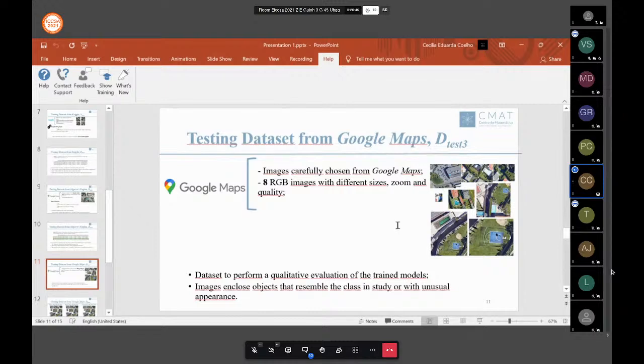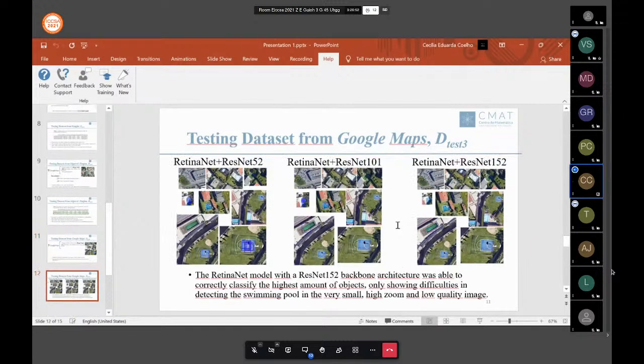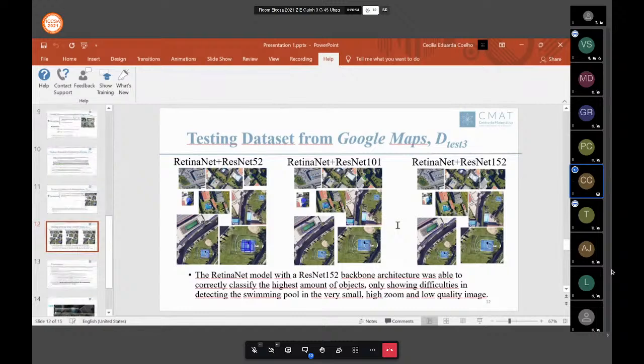So this testing dataset was given to the models, and the predictions of the models can be seen by the blue bounding boxes that were drawn by each of the models. From these predictions, we can see that the model with a ResNet 50 and the model with a ResNet 101 have difficulties in recognizing green swimming pools.